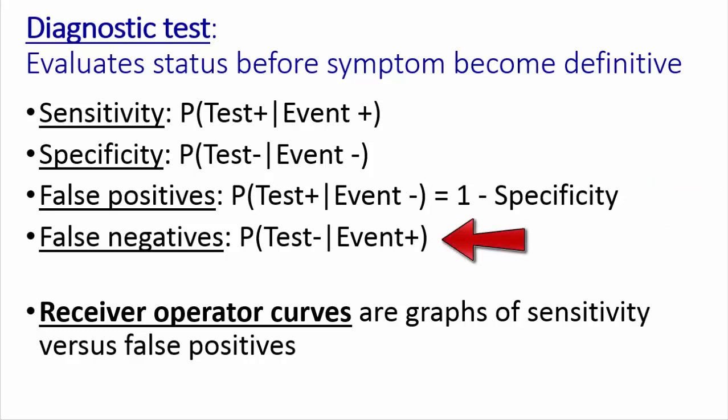And false negatives can be defined as testing negative given that the event has occurred. So you don't get a positive test even though you have the disease. Now, to determine sensitivity and specificity of a diagnostic test, one can create what's known as a receiver operator curve, which is a graph describing sensitivity versus false positives.